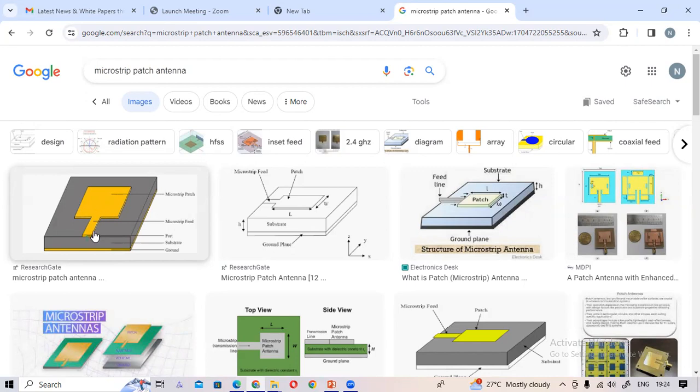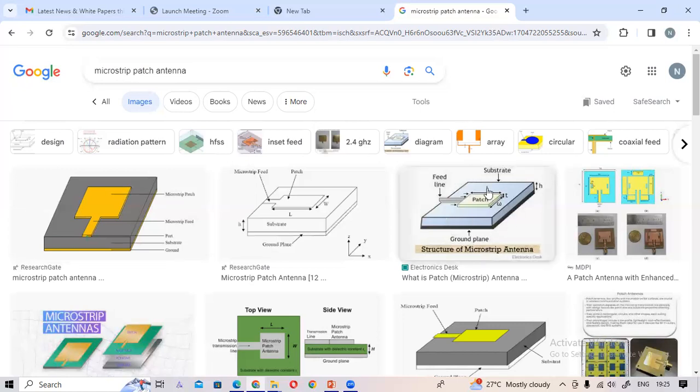Then this will be the ground layer, the ground plate, and here you have to connect the signal generator. That is how we can see the structure of a microstrip antenna.